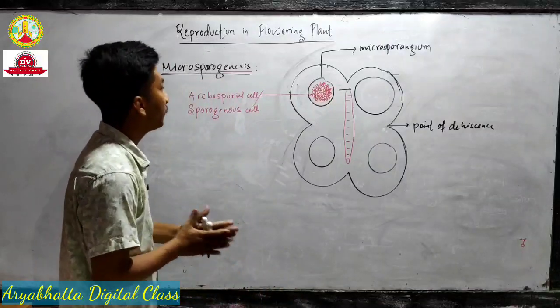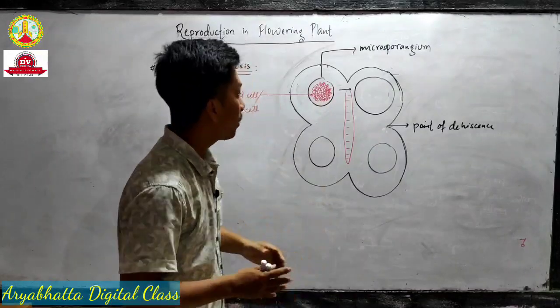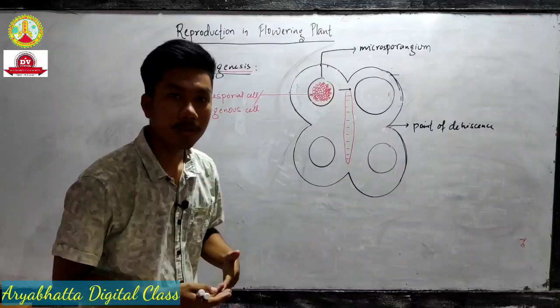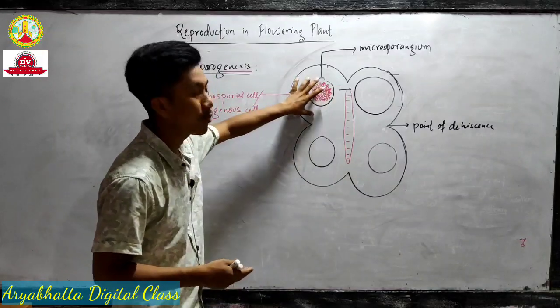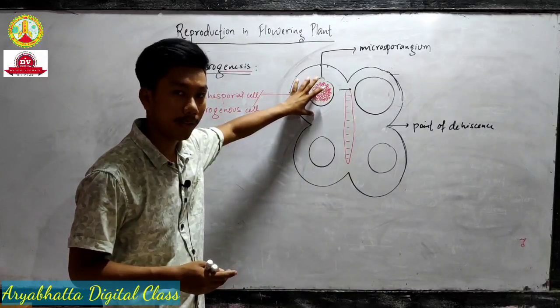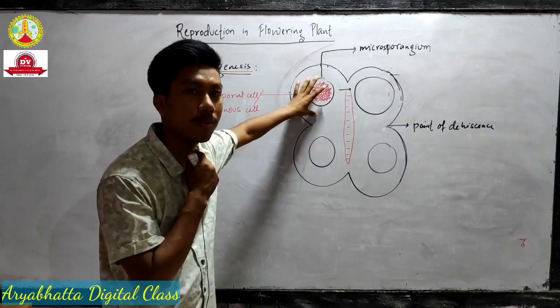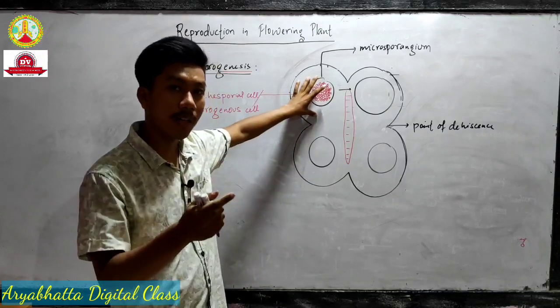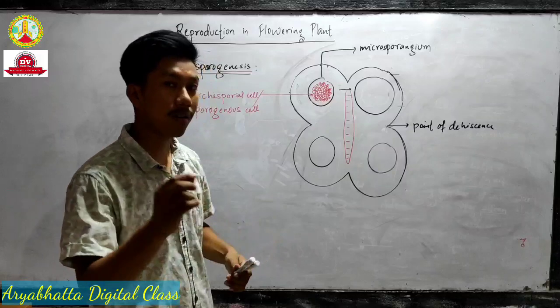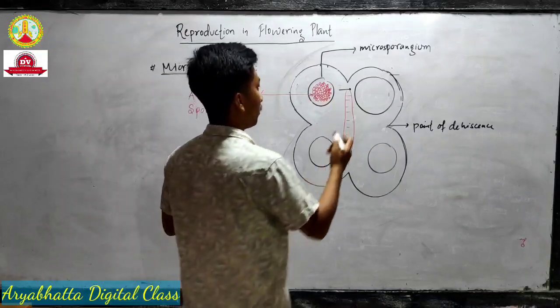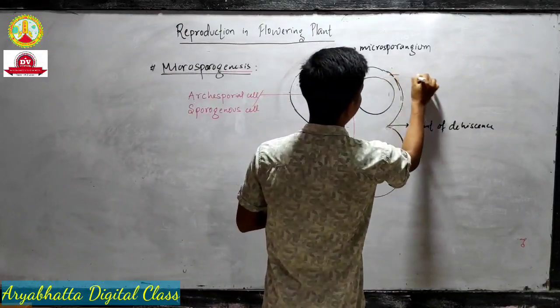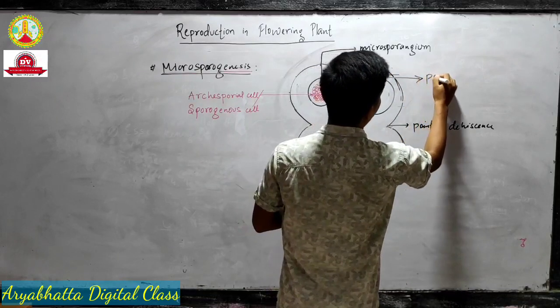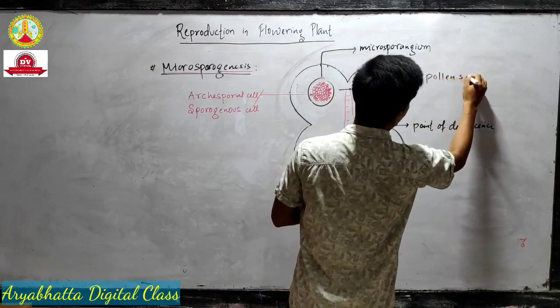So what happened? Archesporial cell, right? When the anther becomes mature, the size of the microsporangium also becomes big and develops to its size, and we start calling the microsporangium a pollen sac.